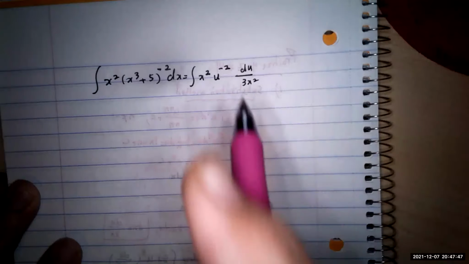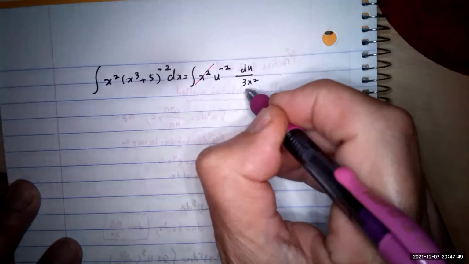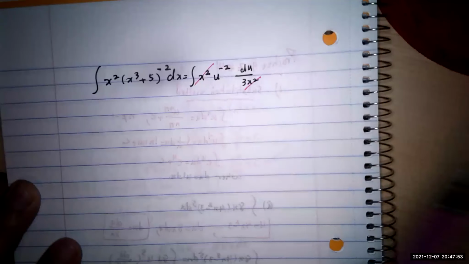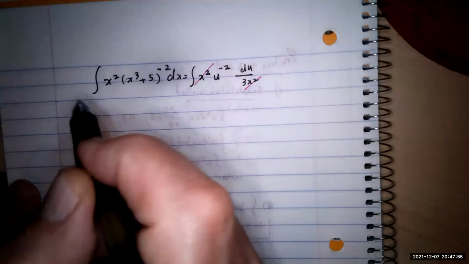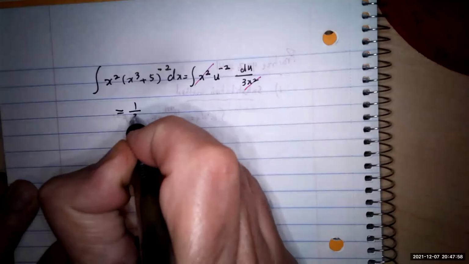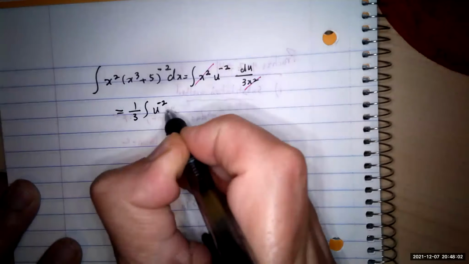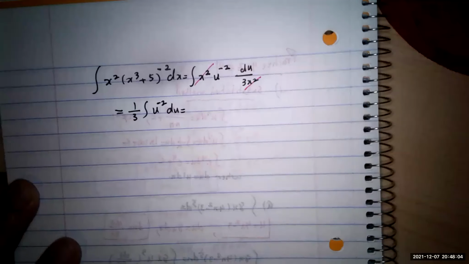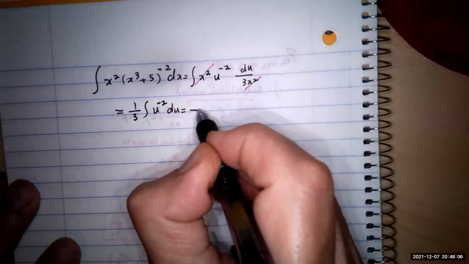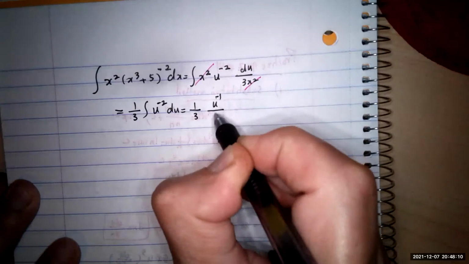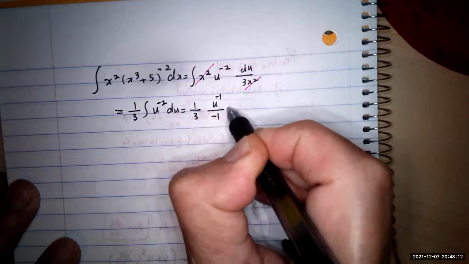See, x squared and x squared will cancel out. The leftover is 1/3, a number, so you pull it out. It's going to be 1/3 integral of u to the negative 2 du. Action of integration, you move up the power: 1/3 u to the negative 1 over negative 1 plus the constant c.